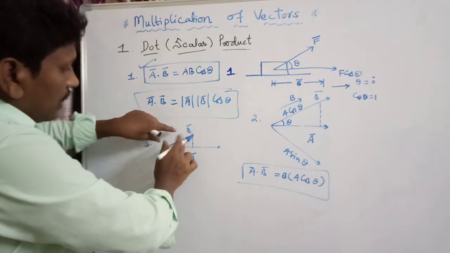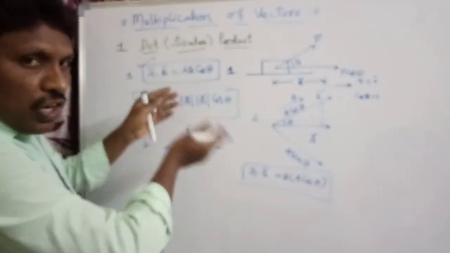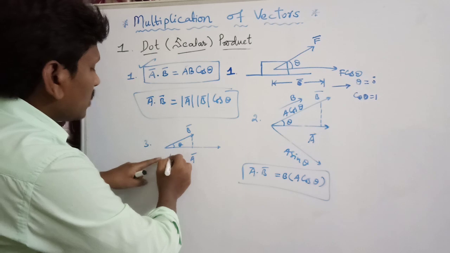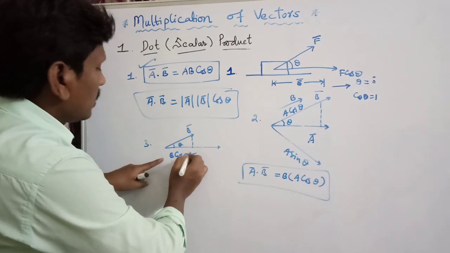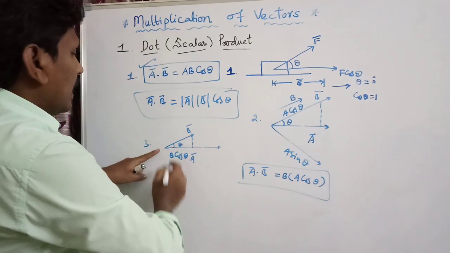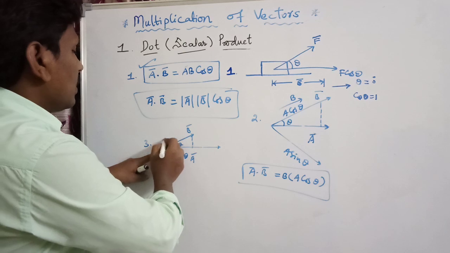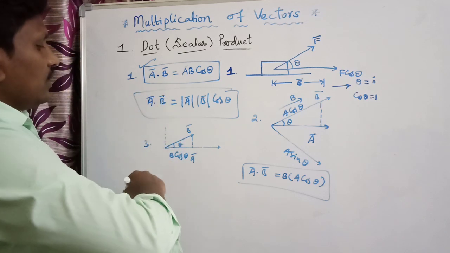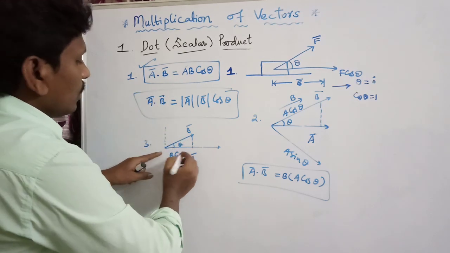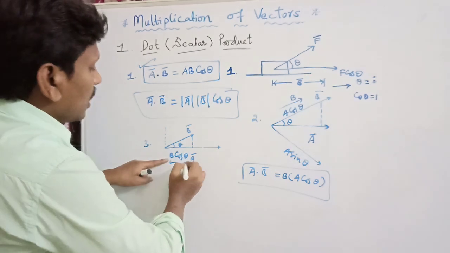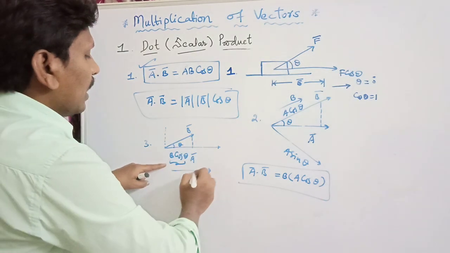If the B vector is resolved into two components, this is B cos theta and this is B sin theta. So B cos theta is the component of the B vector along the A vector.